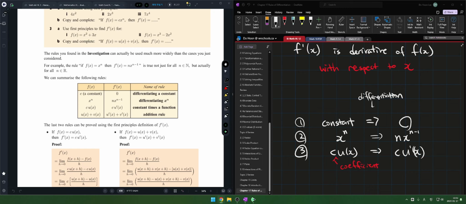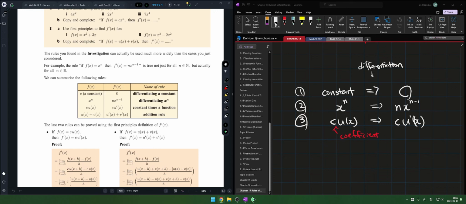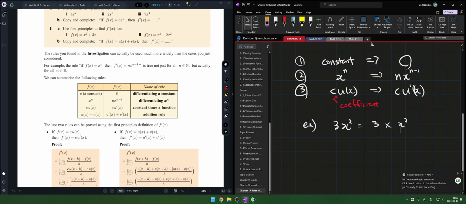Yes, Eric. Is u of x just like a function of x, similar to f of x? Yeah, yeah. For example, it could be a polynomial or something. So for example, let's say we have 3x squared. Then we can think of this as 3 times x squared. So when we differentiate it, 3 is a coefficient, so 3 stays there.